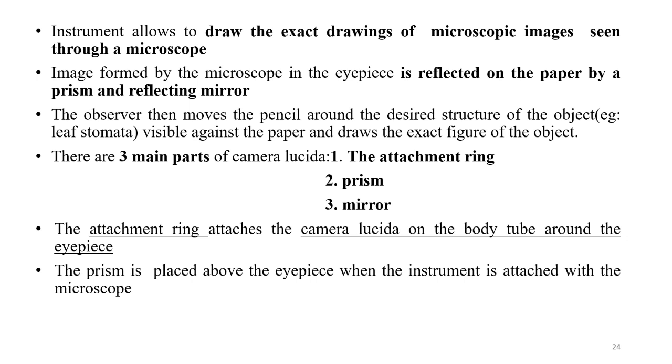We can draw the exact microscopic image through the microscope by using the camera lucida. The image formed in the eyepiece is reflected onto the paper by the prism and the reflecting mirror. The attachment ring attaches the camera lucida to the body tube around the eyepiece.